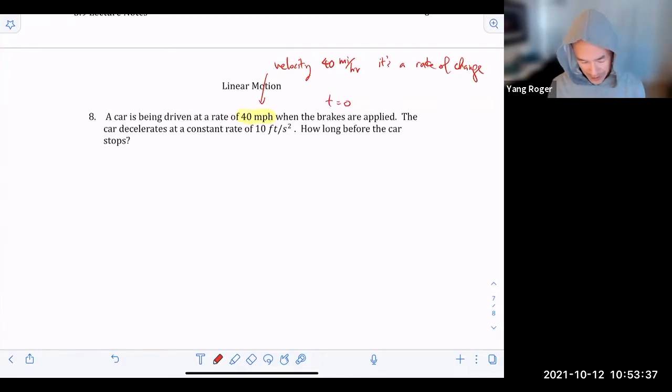So in light of this, how would you describe this 40 miles per hour? We could write an equation that describes 40 miles per hour that incorporates this idea that when the brakes are applied, that's time t equal to 0. Can anyone type an expression in the chat box that captures the information of this entire first sentence?